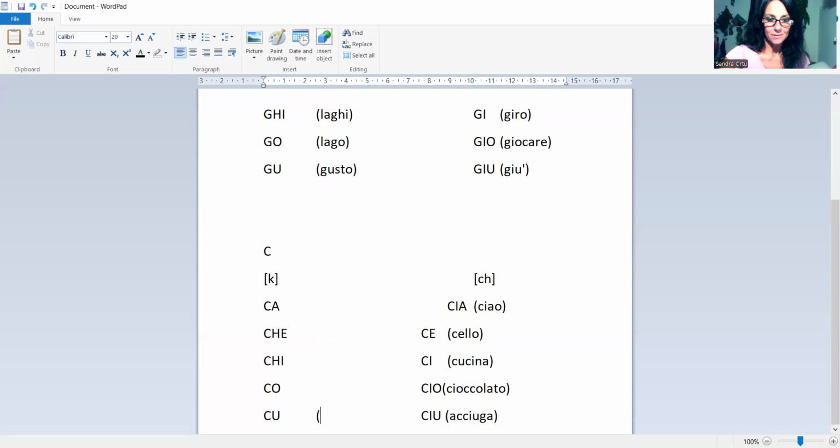So what happens, only in the case of the letter C, if to these combinations of letters we add the letter S? Now let's try. If we add the letter S in front of this, what happens?